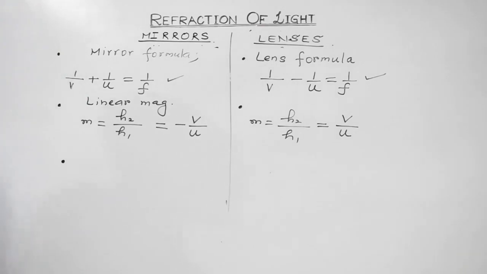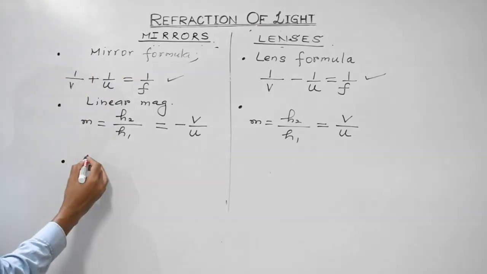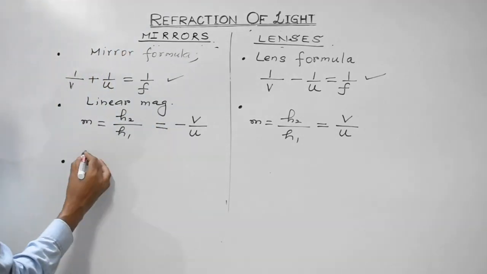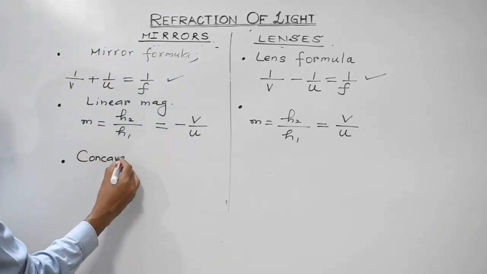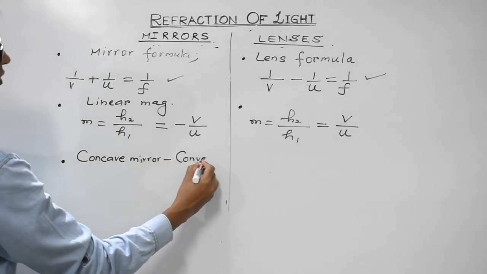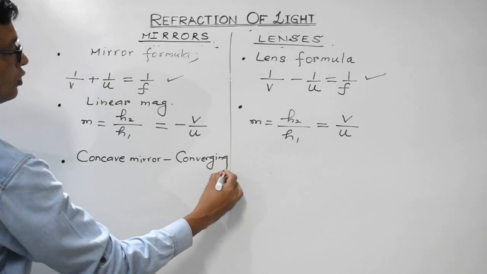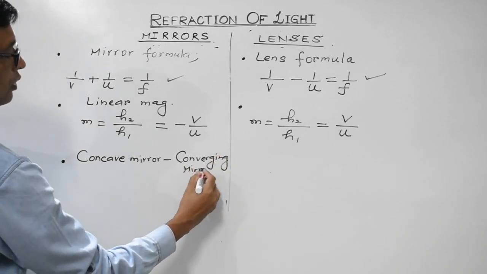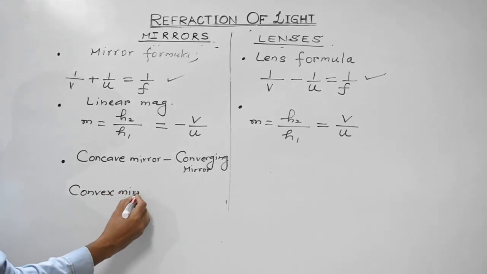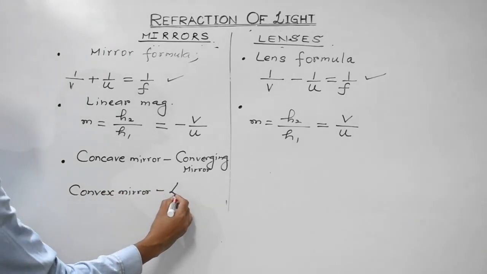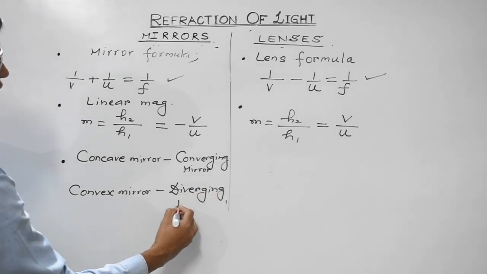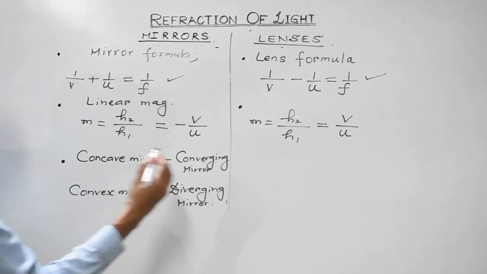Okay, next one. In case of mirrors, there are two types of mirrors, concave and convex mirror. Concave mirror is known as a converging mirror. While convex mirror is known as a diverging mirror. Right?